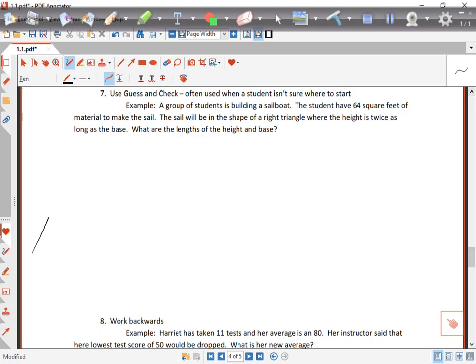First of all, here's the picture of our sail. It's a right triangle. We're told the height is 2 times as big as the base. The area for a triangle is 1/2 base times height. So I'm going to make a chart, and we're going to make some guesses and see what works.